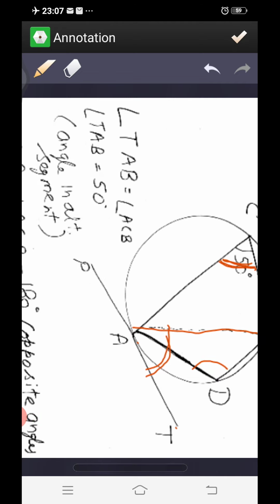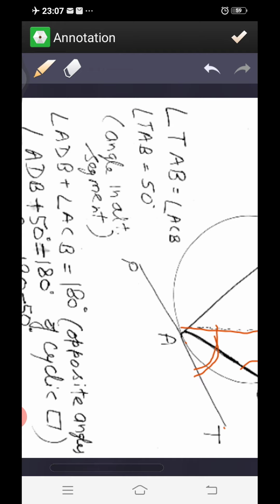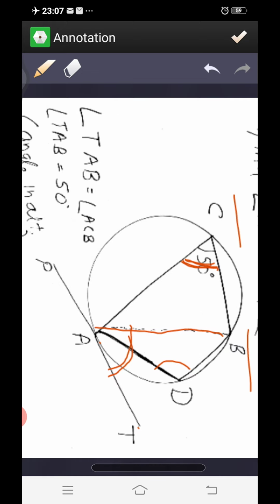Then angle ADB plus angle ACB equals 180 degrees. We can see that angle ADB plus angle ACB, their sum will be 180 degrees. They are opposite angles of a cyclic quadrilateral.